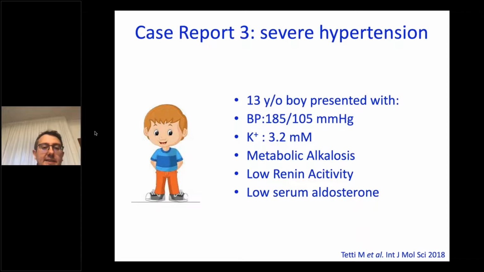So another case is a case of severe hypertension that appeared very early in life. A 13-year-old boy presents with such high blood pressure, low potassium, and metabolic alkalosis. As you can see here, the serum potassium is at the low limit, not very low, with low renin and low aldosterone activity.